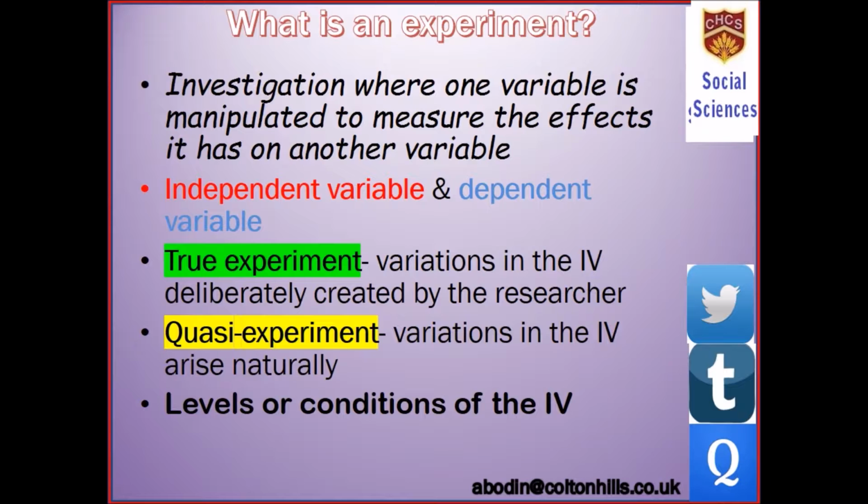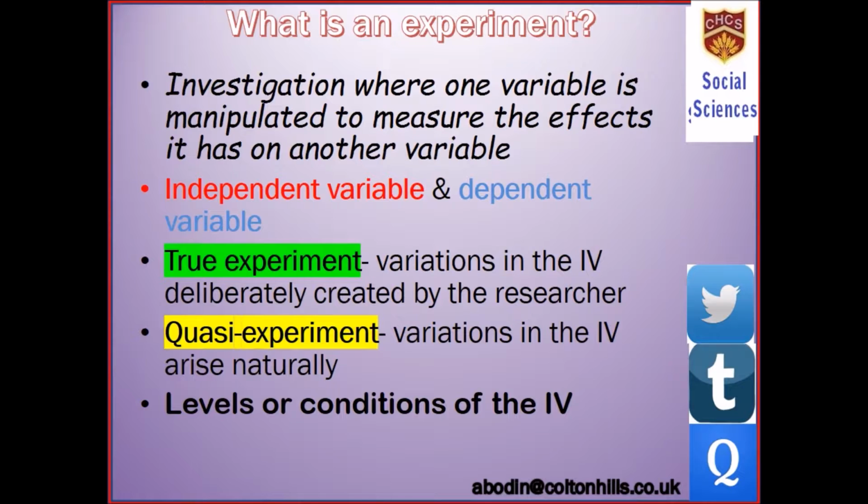We can also have within an experiment different levels or conditions of the independent variable. The reason that you've got levels or conditions is because you may see them referred to as either one of these when they crop up within studies. What we mean by different levels or conditions of the independent variable is that there are variations within what is being manipulated.